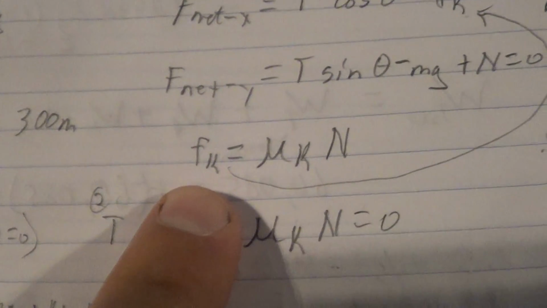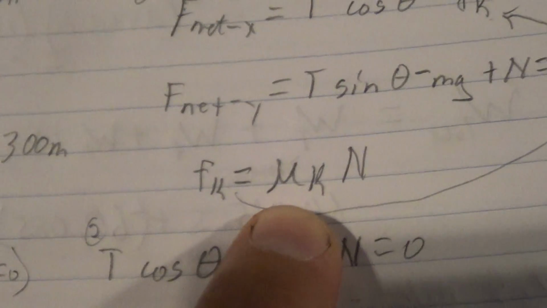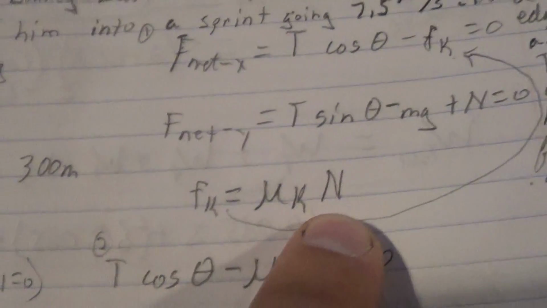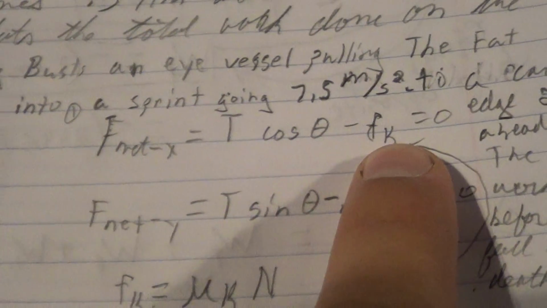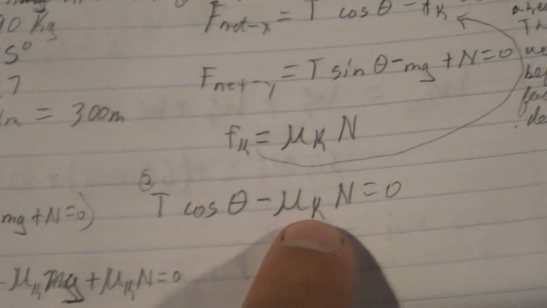And then we know that the friction equals mu times the normal force, and we're going to plug it in. We'll replace up here. Alright, and replacing it right there.